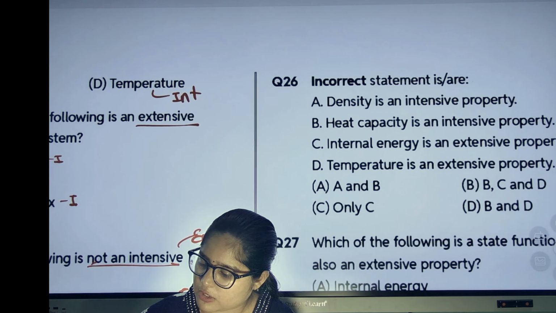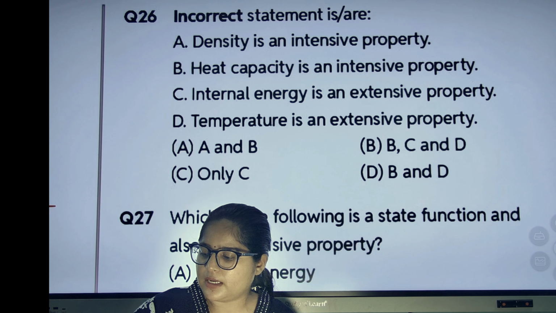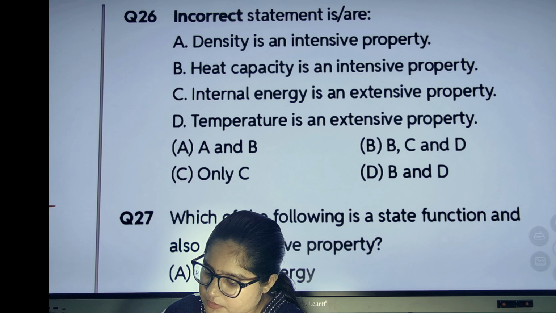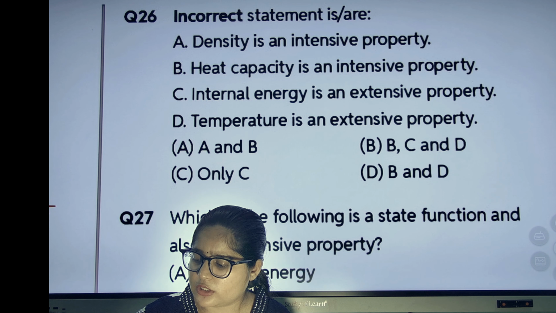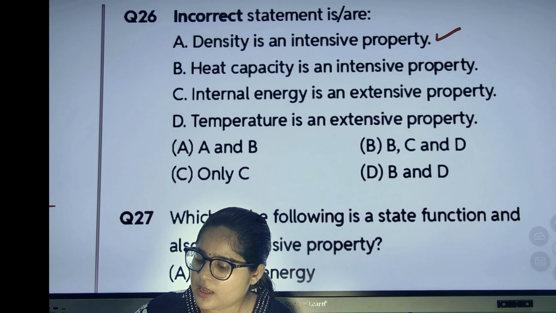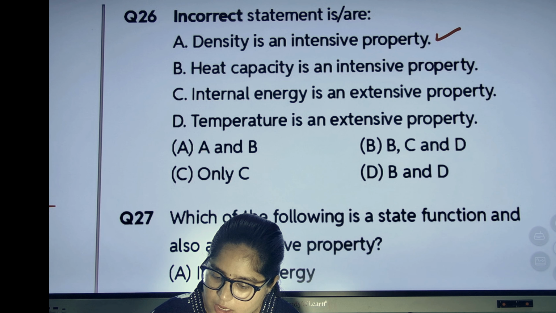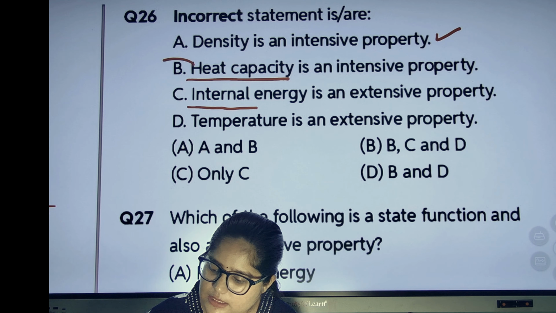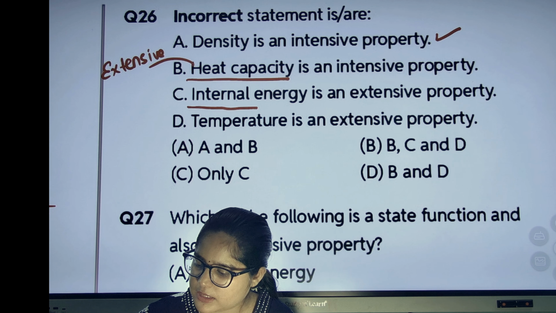Next, question number 26. The incorrect statement, let us see the incorrect statement. Density is an intensive property. Correct, density does not change. It is intensive. Heat capacity is an intensive property. Okay. So heat capacity is an extensive property. So this option is wrong.